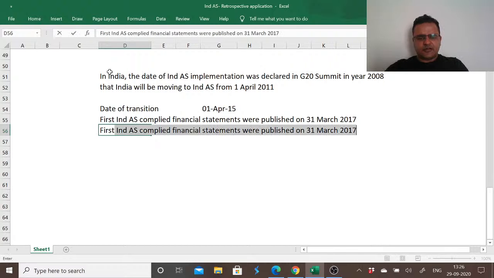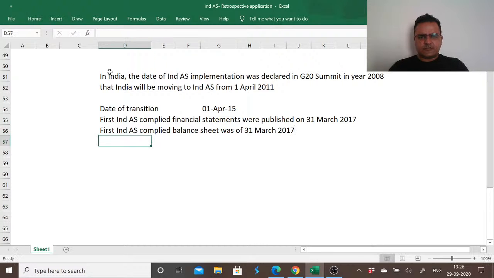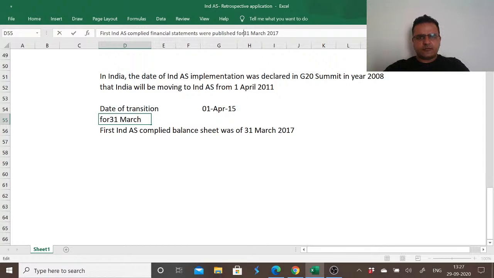The first Ind AS compliant balance sheet was of 31st March 2017, published for the period beginning 1st April 2016.